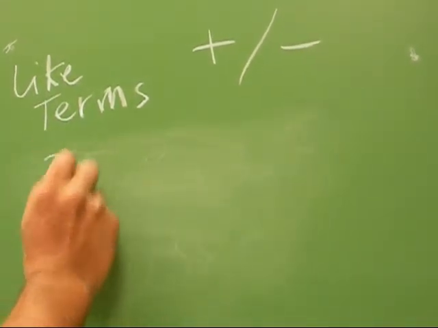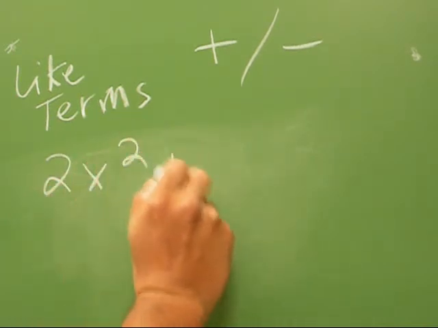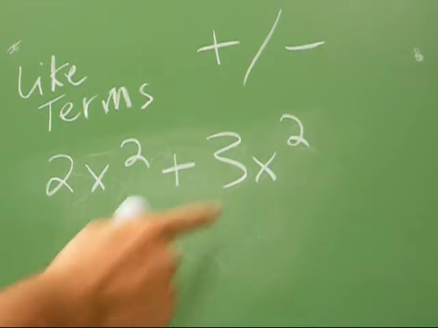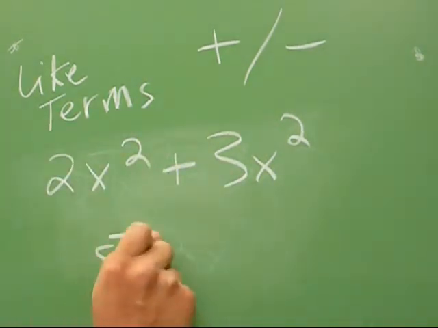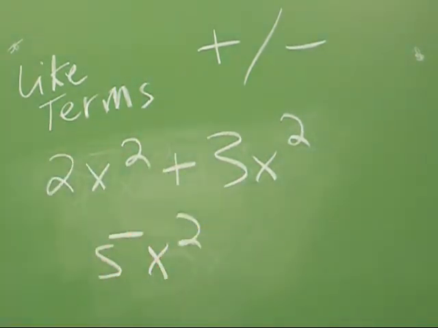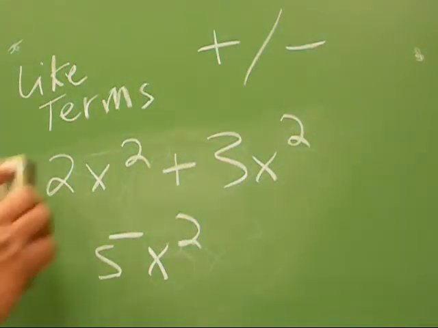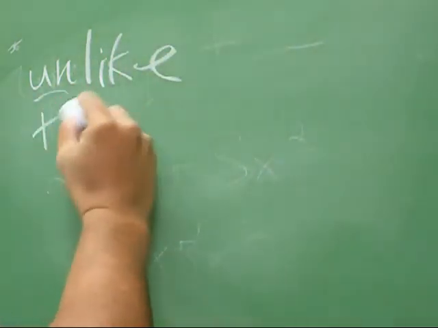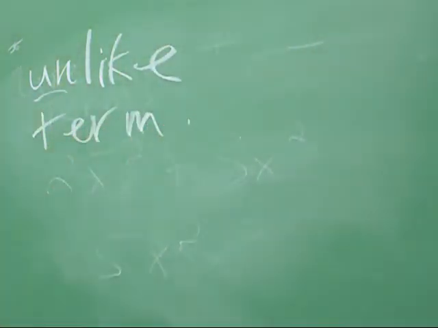For example, if I have this, I can combine them, the 3 and the 2, and my answer would become 5x squared, because I can combine like terms. If I have unlike terms, I'm stuck. I can only combine like terms.